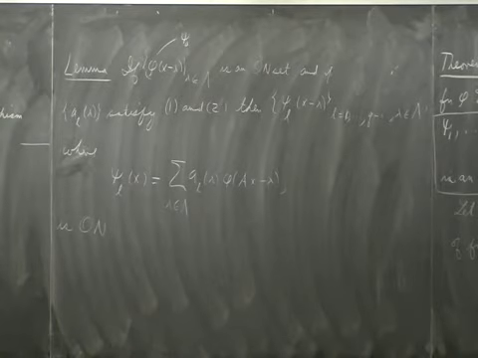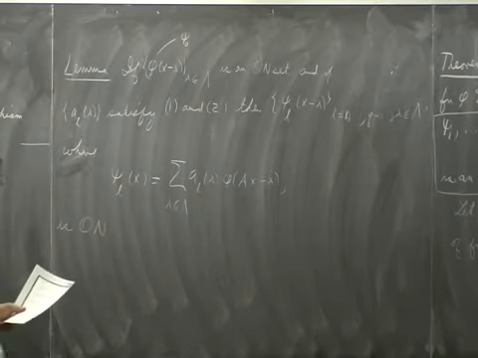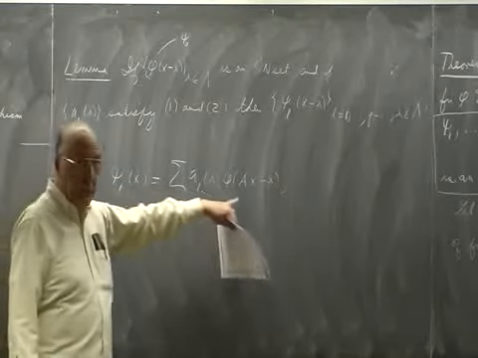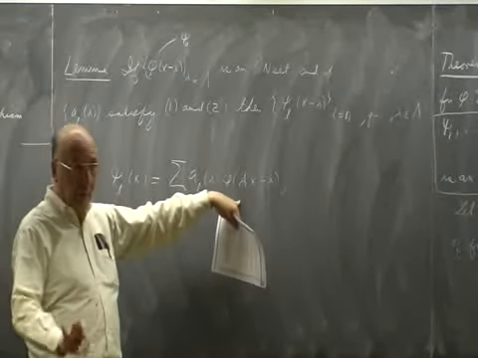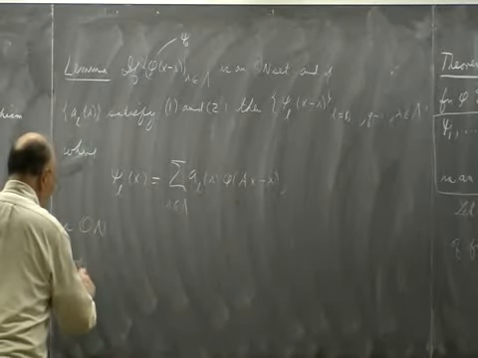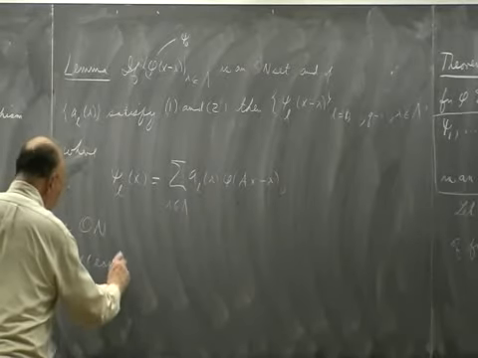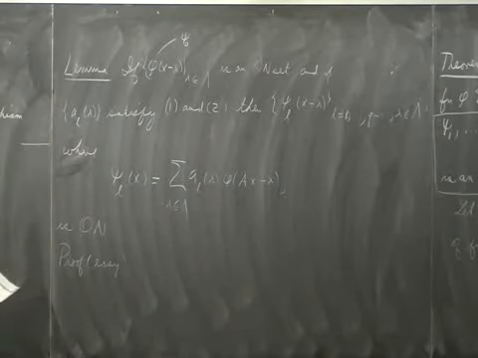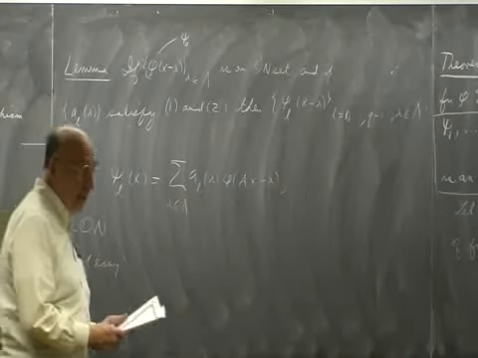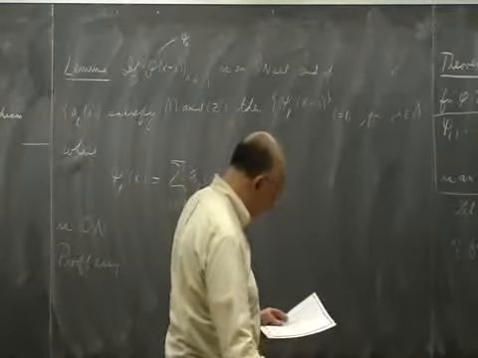Okay? Now, that is truly a simple calculation. One just begins by writing down the formulas and using the orthonormality of this scheme. So I'm not cheating you or anything like that. So, proof. And then we want to know, which is one of the reasons we take this Q, is it an orthonormal basis?